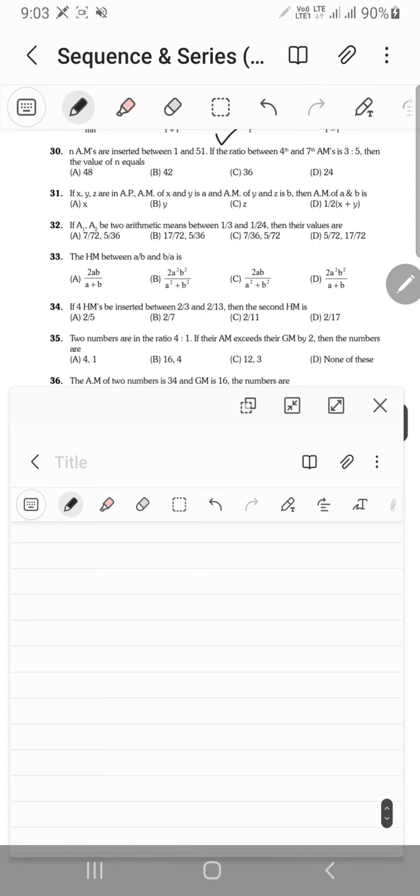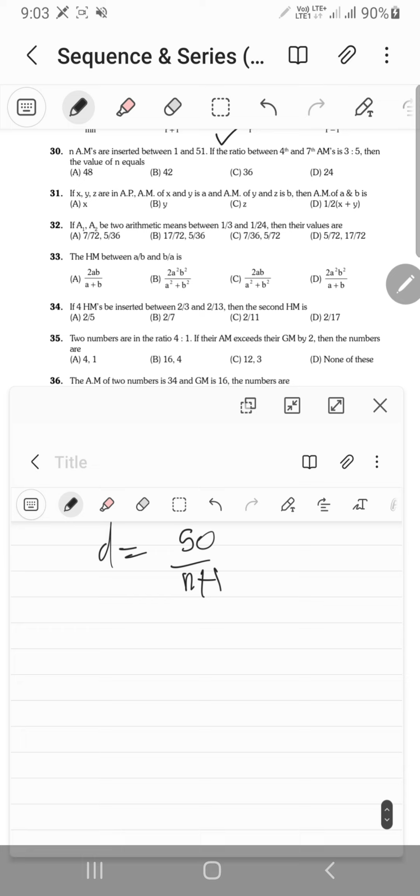N AMs are inserted between 1 and 51. If the ratio between the 4th and 7th AM is 3:5, then the value of N equals. Fine, N AMs are inserted, so our difference is just 50 upon N plus 1.